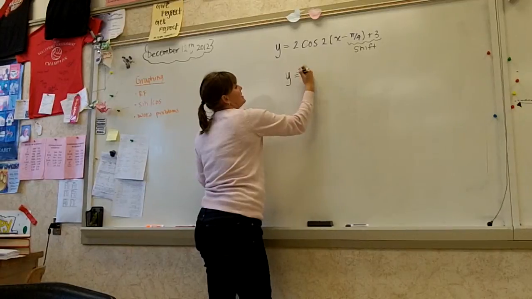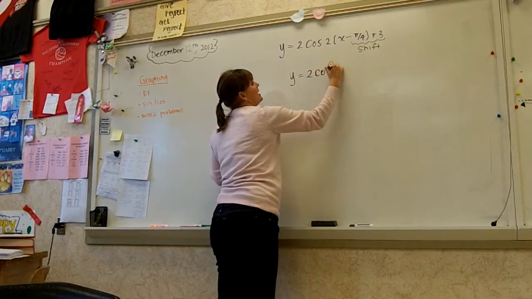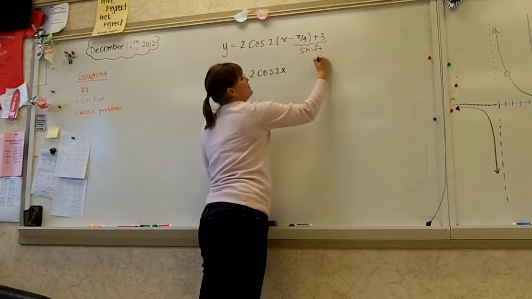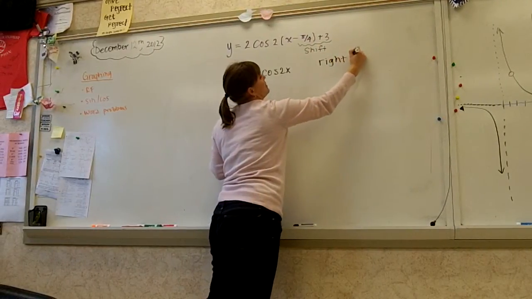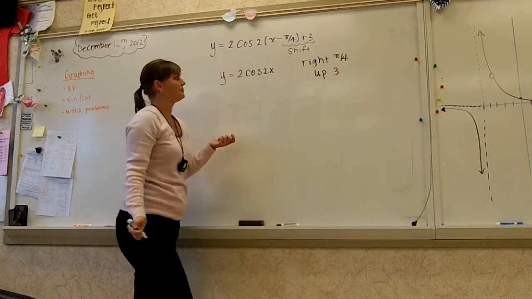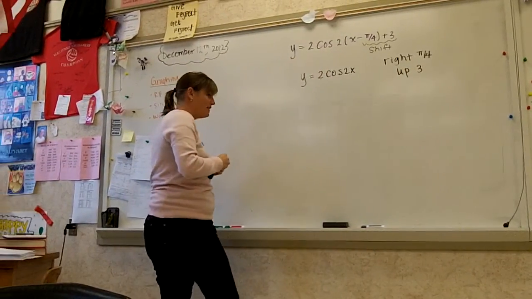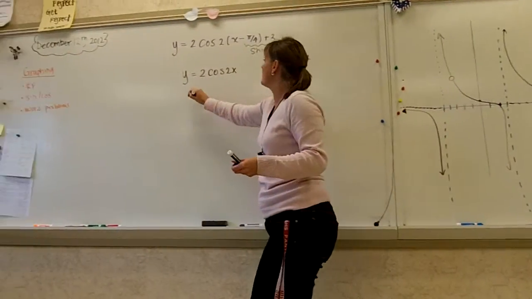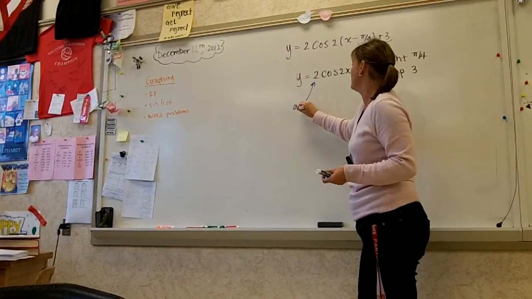So what I'm doing is I'm just taking this graph 2 cosine of 2x, and then I'm going to shift it. Well, this shift means that you're moving it to the right, pi over 4, and then up 3. So let's remember what all these things stand for. This number in the front is the amplitude.